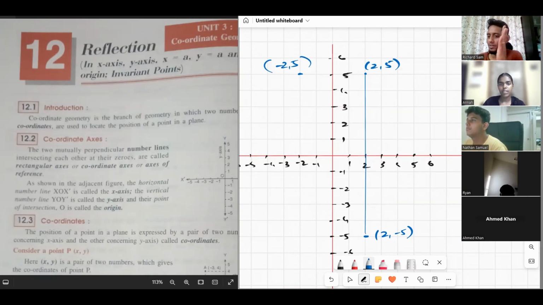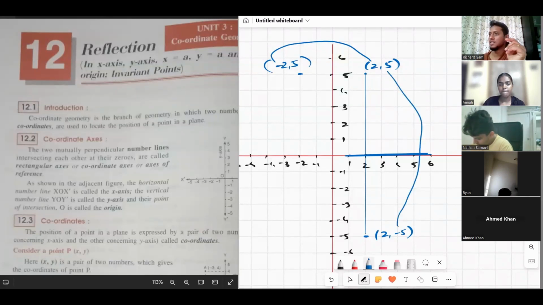When you reflect a point on the y-axis, the x-coordinate is changing sign. And if you reflect a point on the x-axis, the y-coordinate is changing sign. Is that clear, everybody?